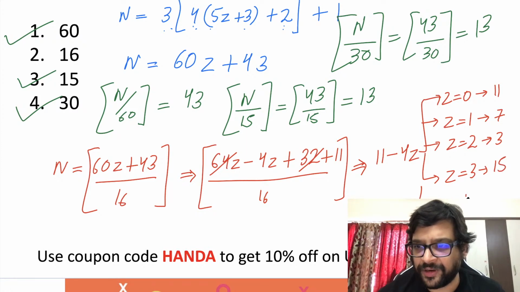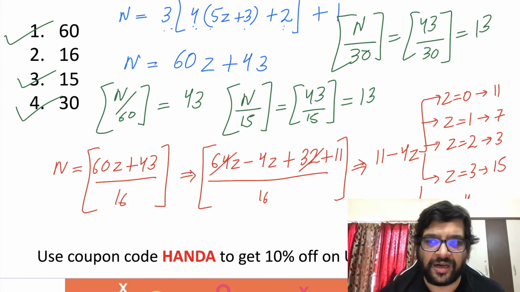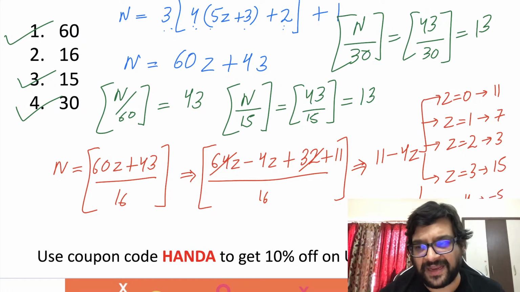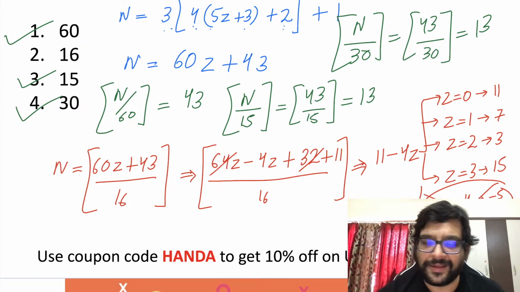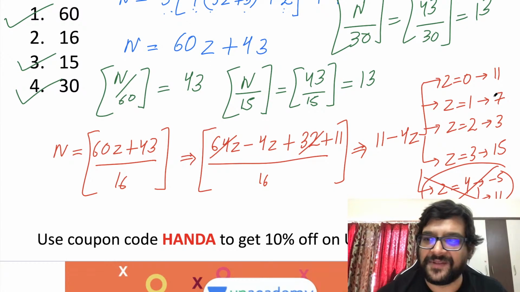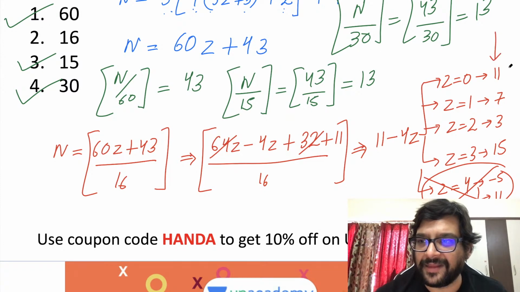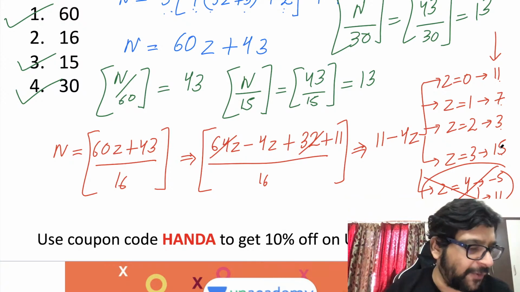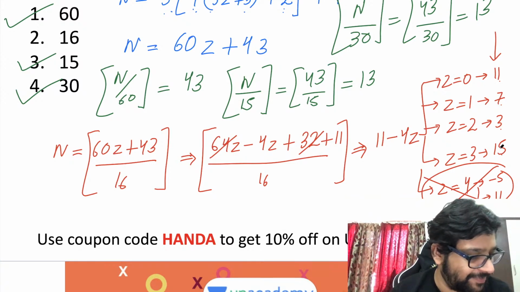When z equal to 4, it will give me minus 5, which is nothing else but 11. So this is repeating, and I can say my answers can be 11 or 7 or 3 or 15. All 4 values are possible.